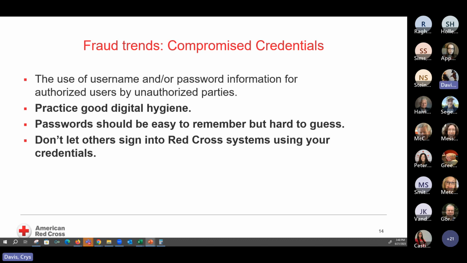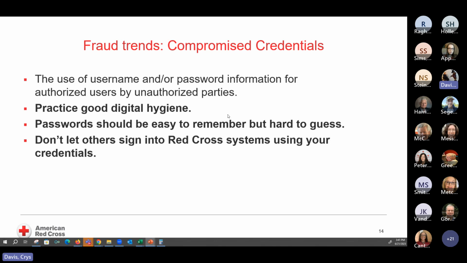So just be aware, not saying panic and look for fraud around every corner, but just be aware. We're going to be talking about digital hygiene coming into the next fiscal year, and we will be talking about duplicate events and things like that. So you may be hearing more from me about that coming into the next fiscal year. And so just be aware of these types of fraud.